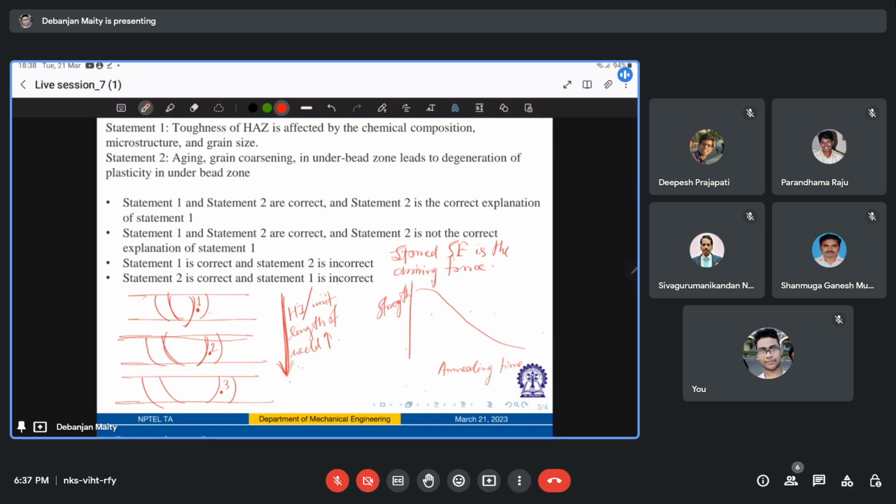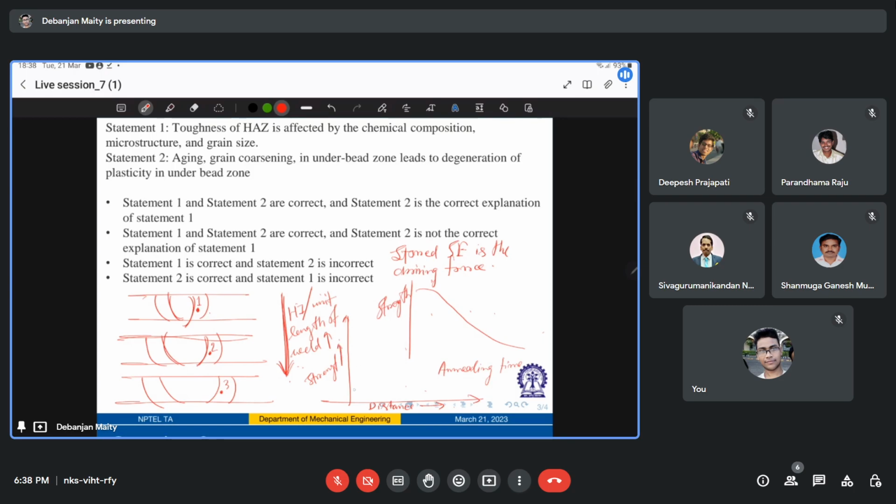I'm comparing the strength and hardness. If we do some graphical representation, this is the distance from the weld center line, okay? And here you have the strength property.